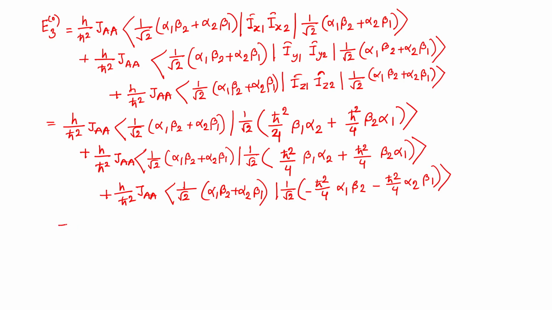So here, what you are expecting, in this term you are taking out h cut by 4, next also h cut by 4, but here you are taking common h cut square by minus h cut square by 4. Okay, you are taking something like this.